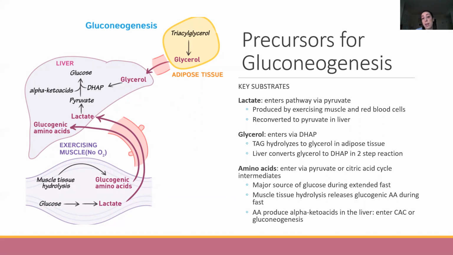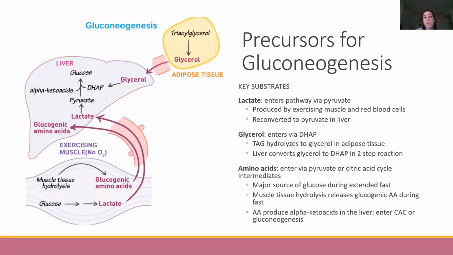which is part of the glycolysis and gluconeogenesis pathway. So it can feed in right there and then be used to generate glucose through gluconeogenesis. And of course, one of the other major ways to generate glucose if we have low blood sugar is through amino acids.